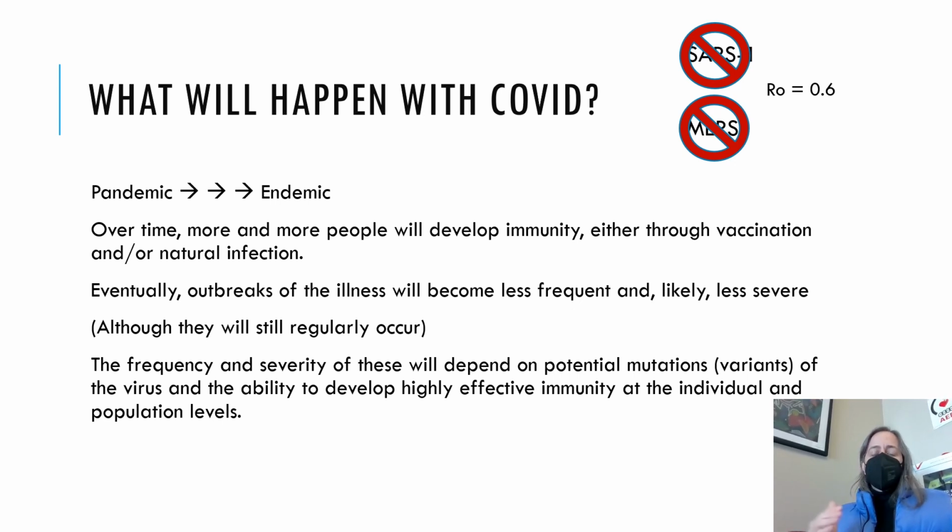But the frequency and severity is going to depend on how much the virus mutates, how many variants we get, and what the characteristics of those variants are. Omicron right now is changing the game yet again. It also depends on our ability to develop highly effective immunity at the individual level, like how well the vaccine works in me, or how well prior infection protects me, but then also at the population level.